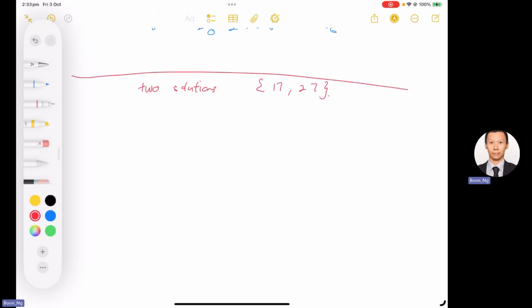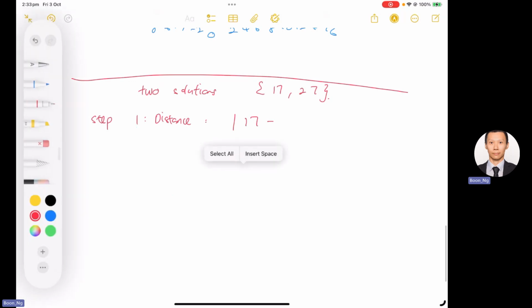All right, so step 1, calculate the distance, which is 17 minus 27, which is negative 10, so the absolute value is 10.